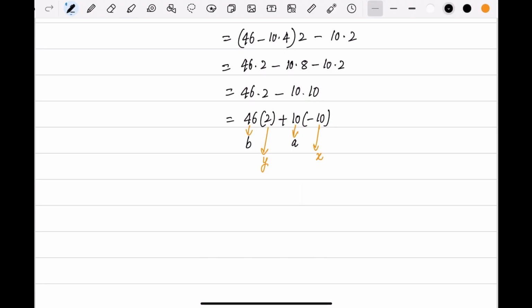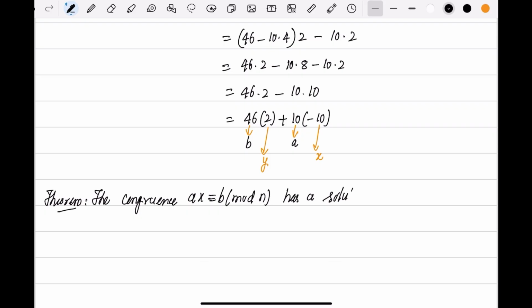Now let's come back to the linear congruences. Solve the congruence. First we will have a theorem like this. The congruence ax congruent to b mod n has a solution if and only if the GCD of a comma n, which we call d, divides b.